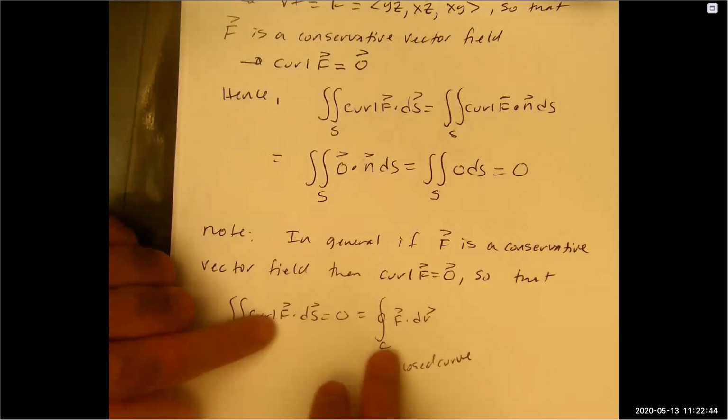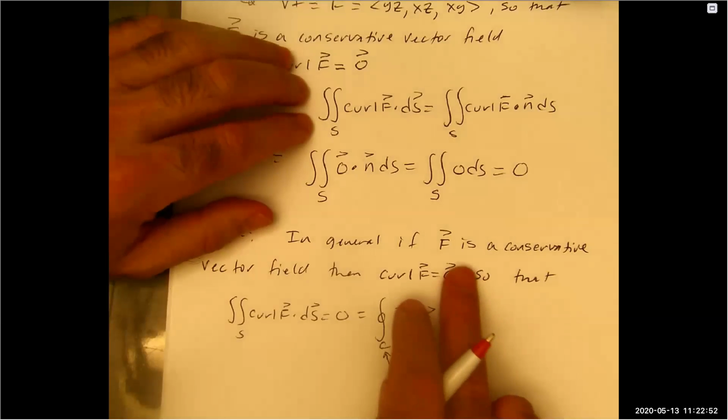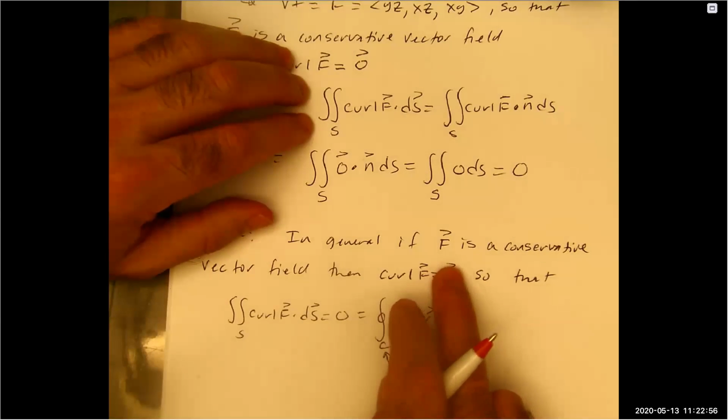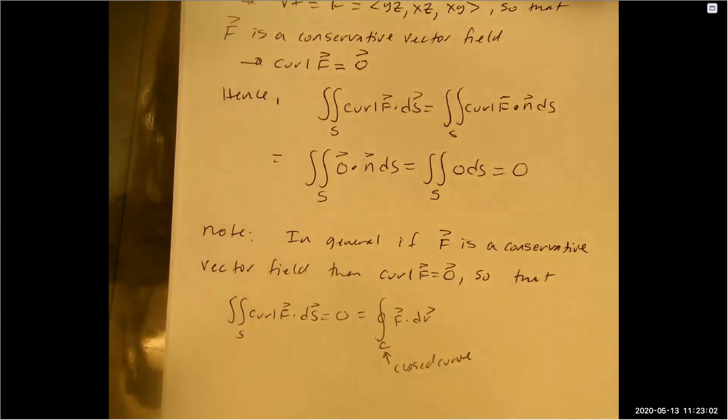Since these two things are equal, you're going to get 0 either way. But we also know it now because we know what the curl is, and we know that if we have a conservative vector field, then the curl is always going to be equal to 0. So that gives us a way of getting that.